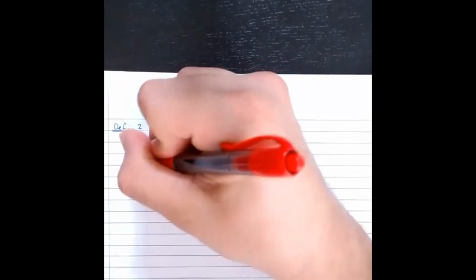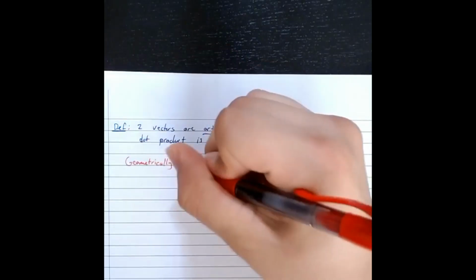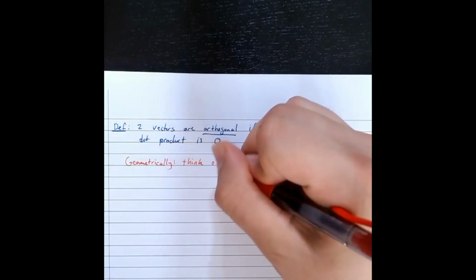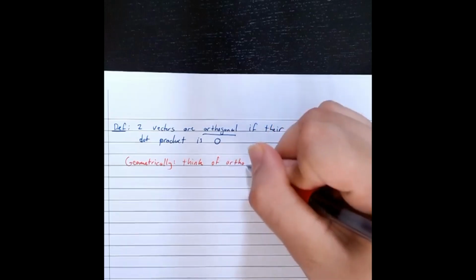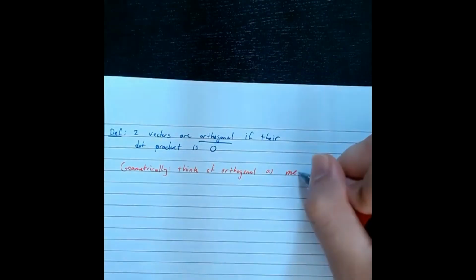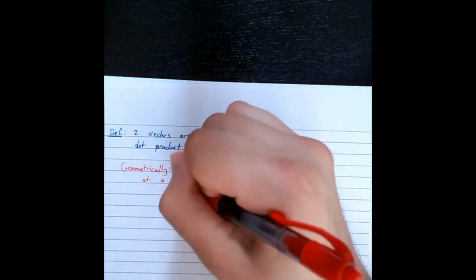So here, geometrically, think of orthogonal as meeting at a 90-degree angle.